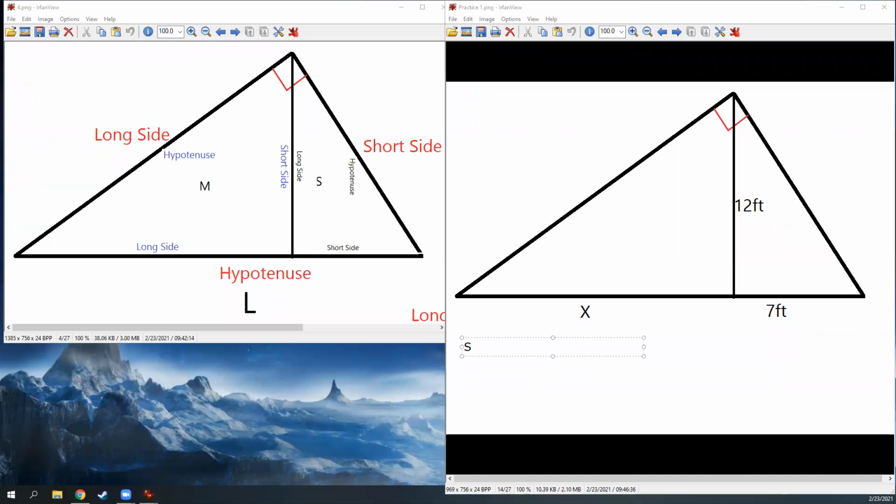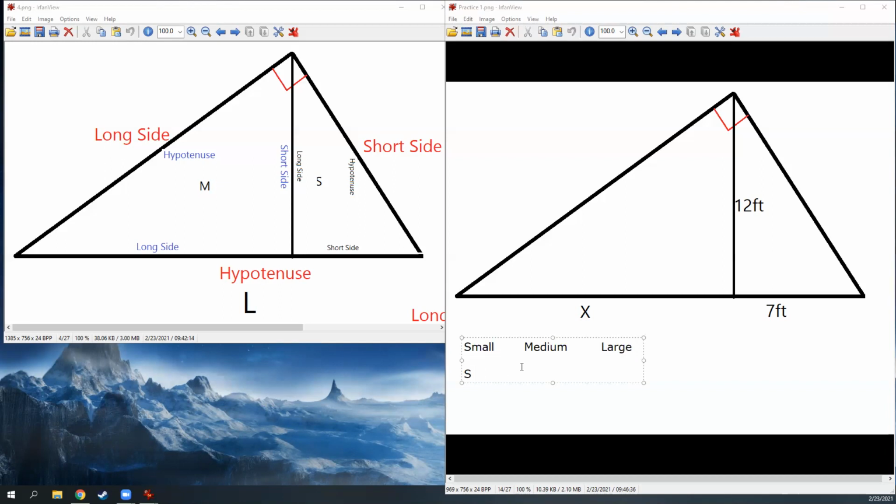So you're going to have three triangles: the small triangle, the medium triangle, and the large triangle. And in each of these triangles, you're going to have a short side, long side, and the hypotenuse. Let's do this so we don't get all confused. This topic, once you work with it a little bit, is surprisingly not that hard.